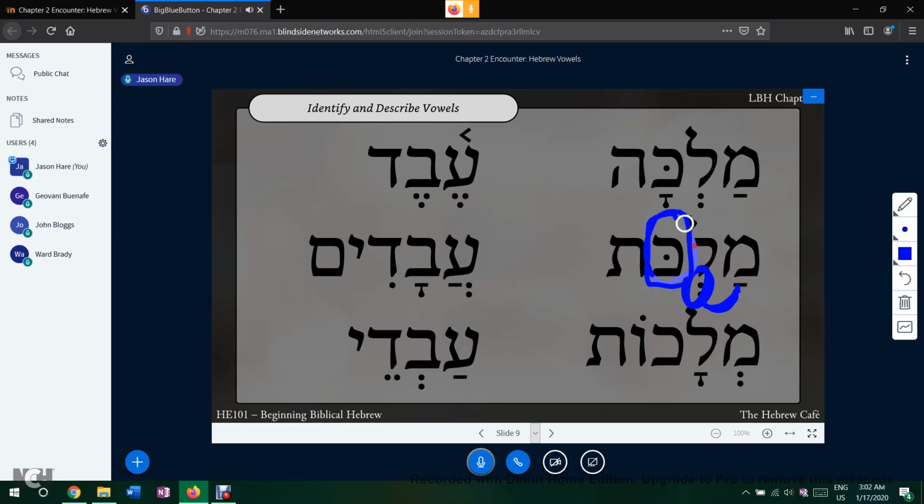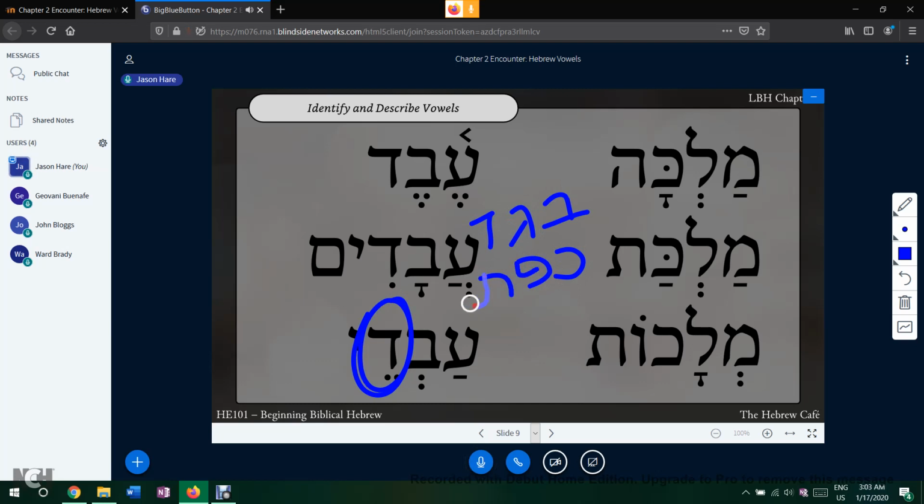letter becomes hard. Right? Malkat. There's a silent shva closing this syllable after a short vowel, and then the beged kefet letter is hard. In this form, we have a beged kefet letter. Beged kefet is bet, gimel, dalet, kaf, pei, and tav.